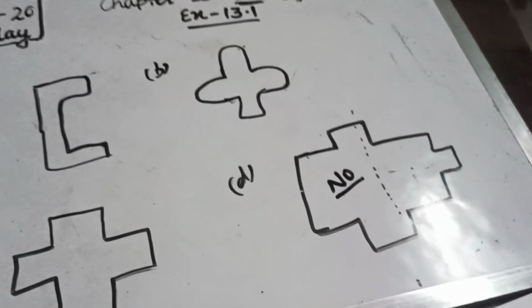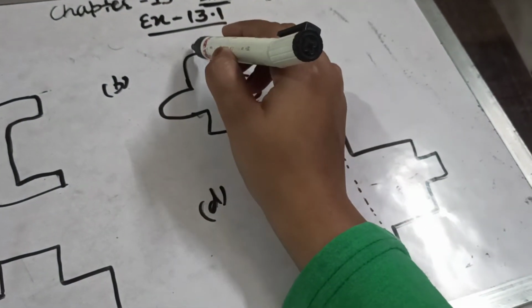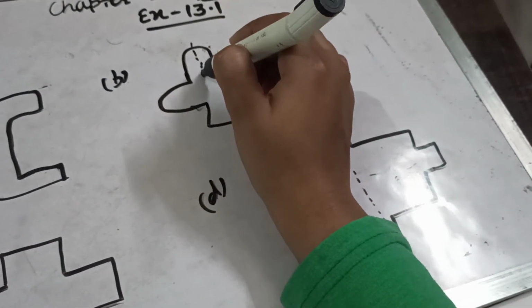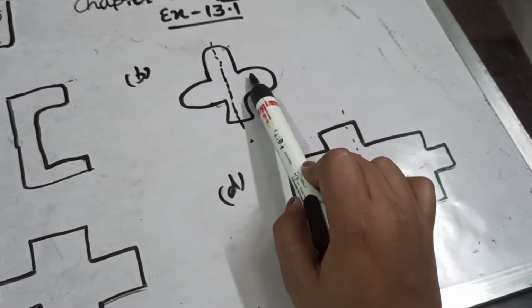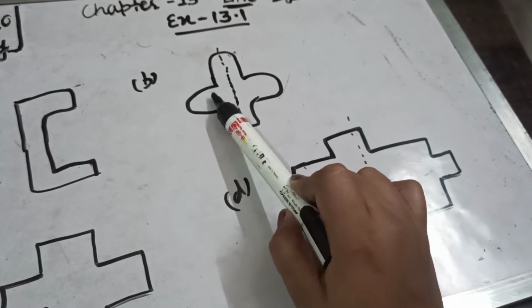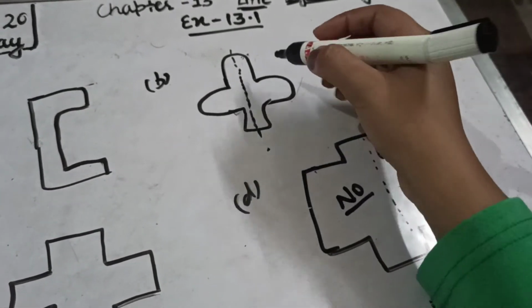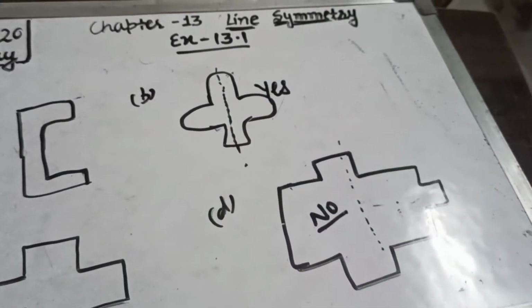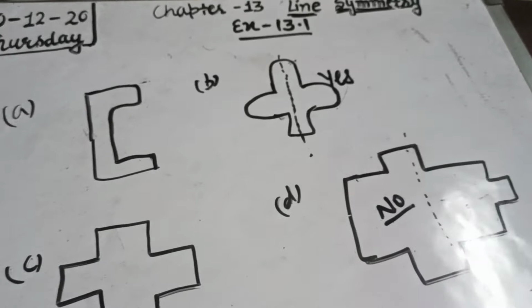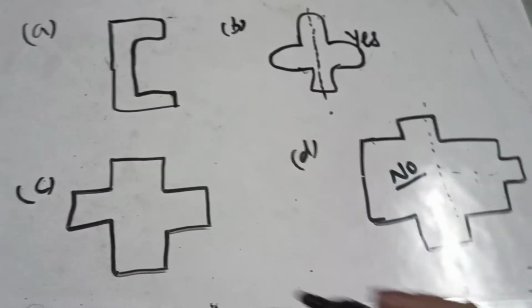Clear? You have to check, beta, by drawing like this. In this figure, if I draw the line like this, vertical, see, same position is this side, same is this side. Right? So it means this part has the line of symmetry. Same comes to this one. These are equal shapes.